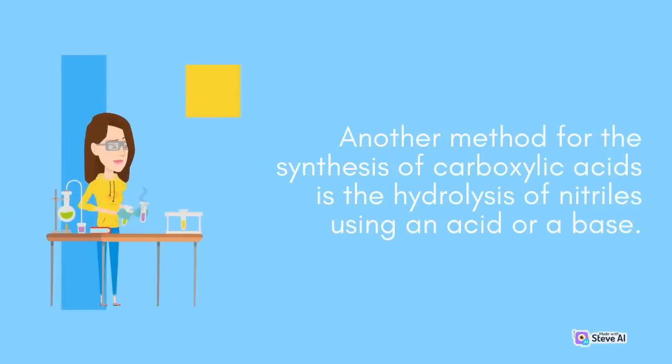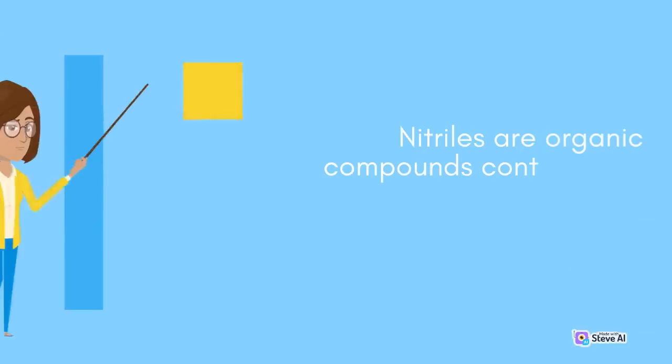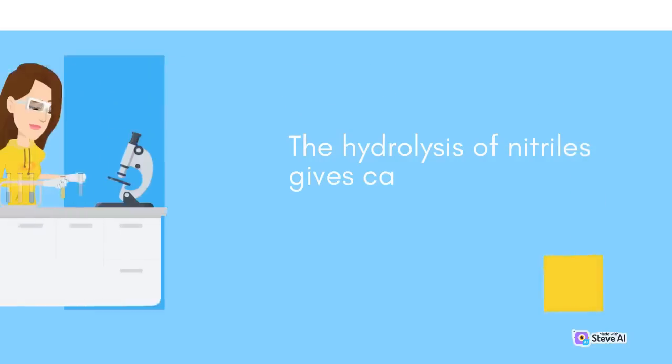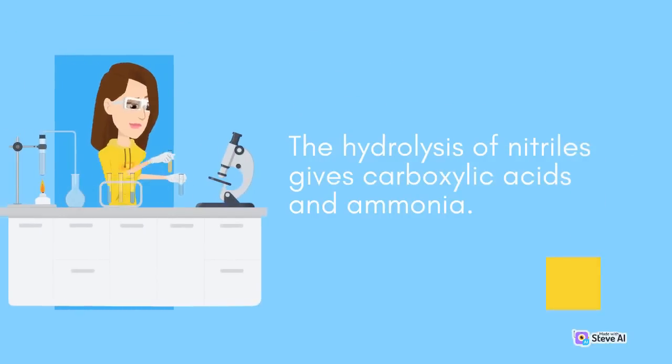Another method for the synthesis of carboxylic acids is the hydrolysis of nitriles using an acid or a base. Nitriles are organic compounds containing a cyano group, CN, attached to a carbon atom. The hydrolysis of nitriles gives carboxylic acids and ammonia.